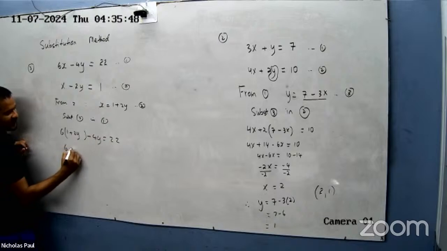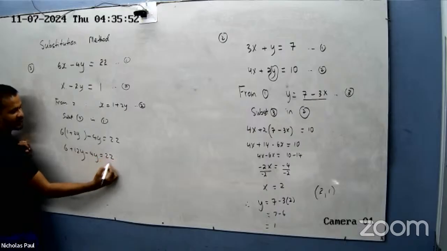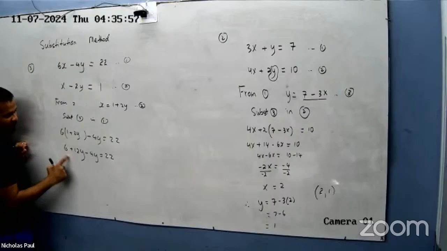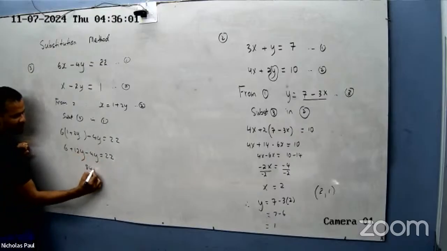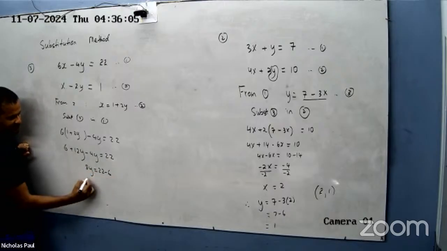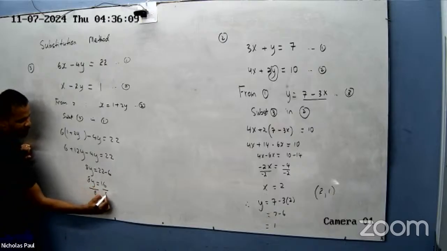So I'll get 6 plus 12y minus 4y is 22. Right? I'm moving the 6 here. Plus 12 minus 4 is 8y. Bring the 6 here, you'll get 22 minus 6. 8y is equal to 16. Then divide both sides by 8.